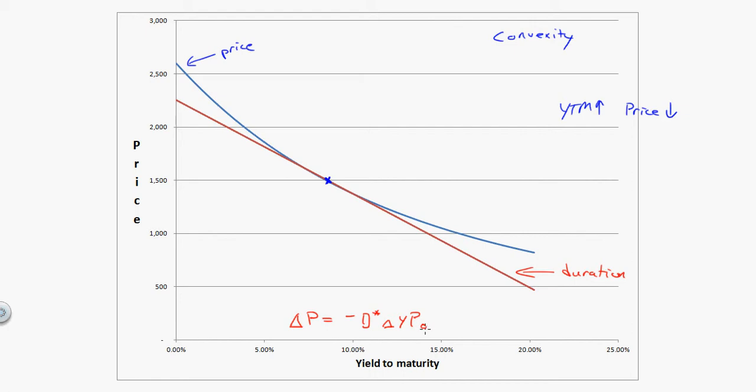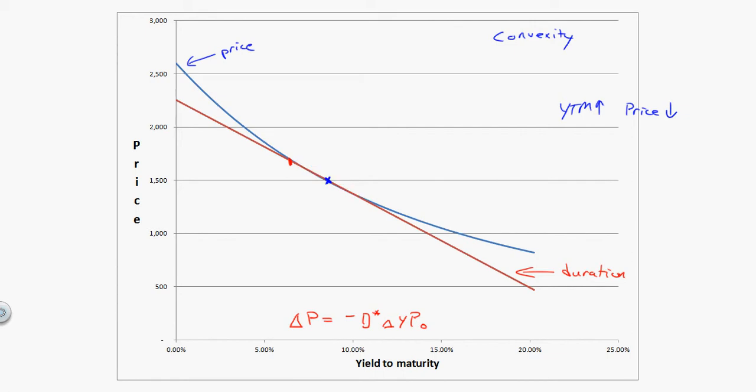I'm trying to approximate the formula with the first derivative, all from calculus. If you don't remember that from calculus, no big deal. But all you need to do is look at the picture and say, this is an approximation. And just visually, as long as the yield changes are from right about here to right about here, all through here, the duration approximation and the actual price are pretty close, right?